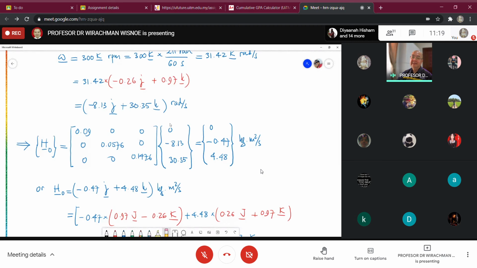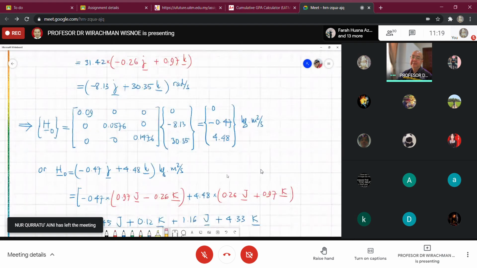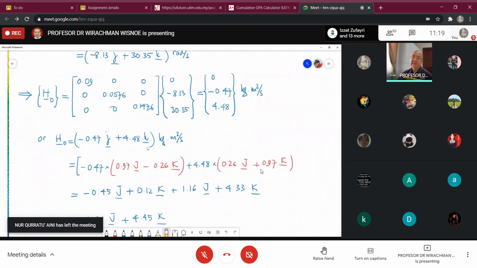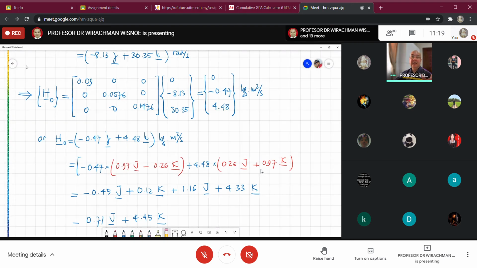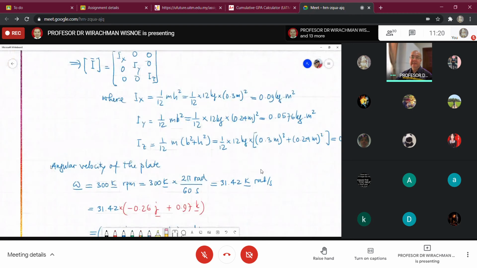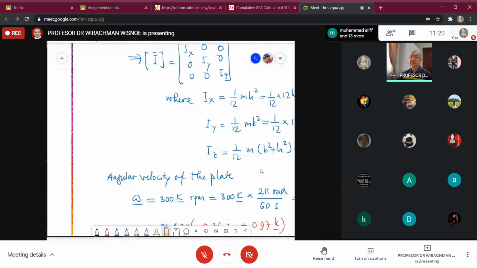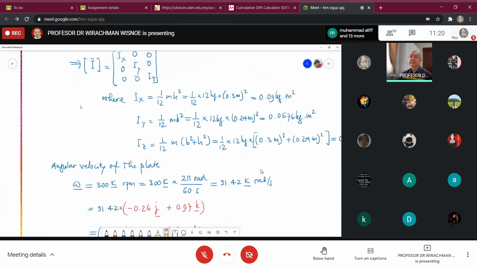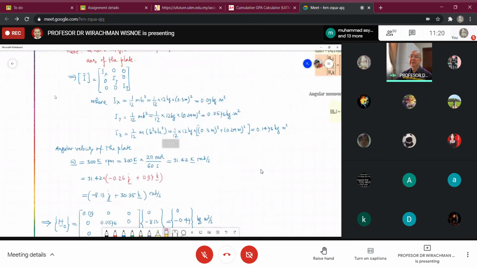And then the third line. And then from here, you can write in the vector form like this. So this writing and this one are the same. Okay, so now you have the angular momentum in the moving frame, in the principal axis. Now the question is about calculating in the capital XYZ. If you read the question again, sometimes you need to go up, go down, and so on.